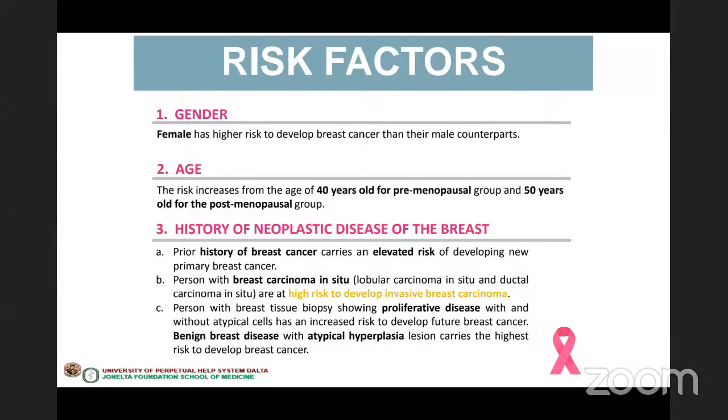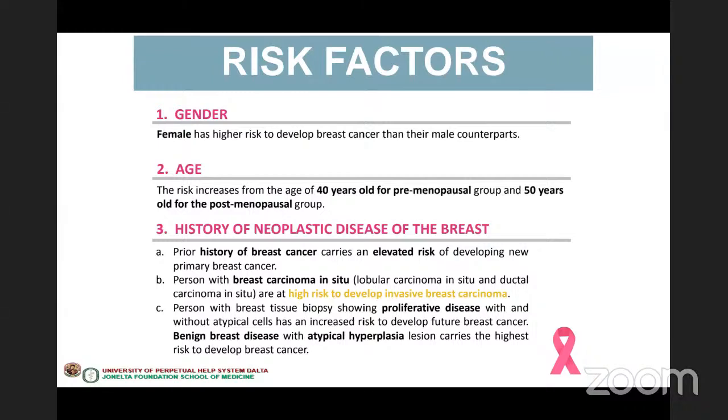So this will comprise 50% of your screen-detected cancers. This is characterized by malignant cells within ducts that do not reach the basement membrane.